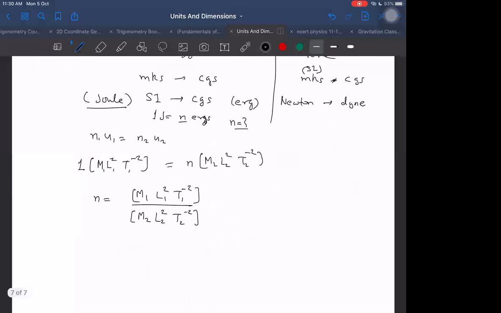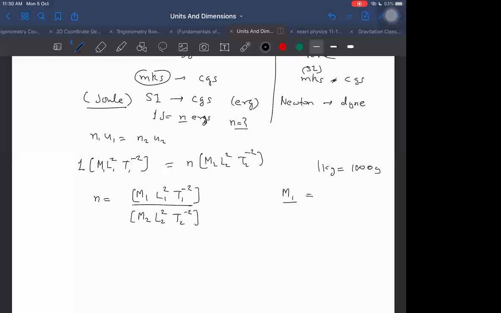Now, what is m1 here, in one system of units? In MKS, m1 is kilogram, kg. 1 kilogram is equal to 1000 grams.